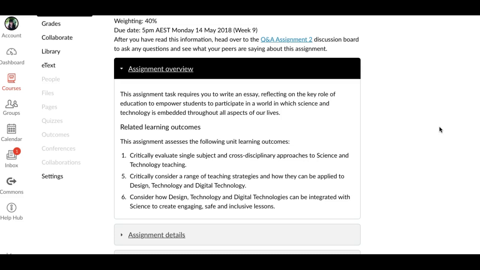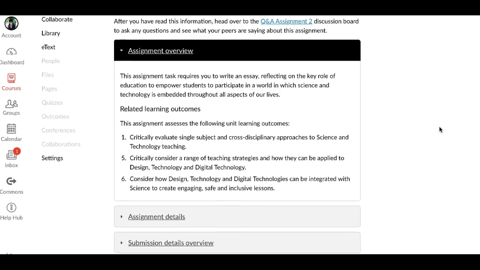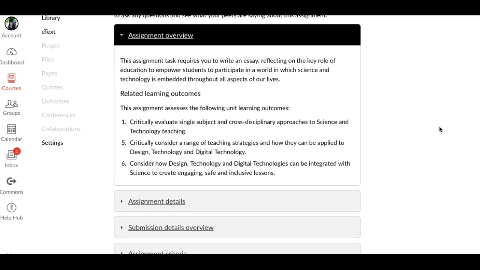So we've got our related learning outcomes, and this assignment will look to assess the following unit learning outcomes. First, critically evaluate single subject and cross-disciplinary approaches to science and technology teaching. I'll go into that further in a minute. Next, to critically consider a range of teaching strategies and how they can be applied to design, technology and digital technology.